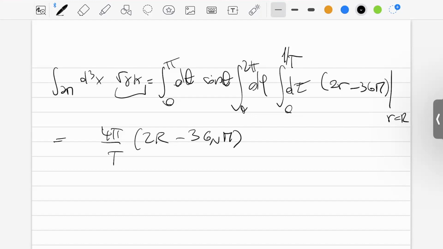Then we also have the Minkowski contribution. For the Minkowski contribution, the temperature is arbitrary. Minkowski is flat, so there is no way to fix the temperature a priori.